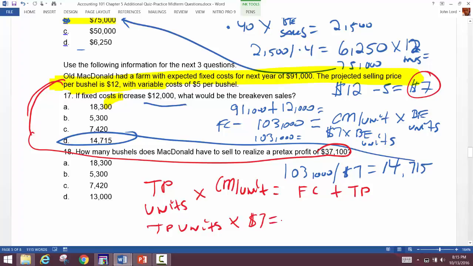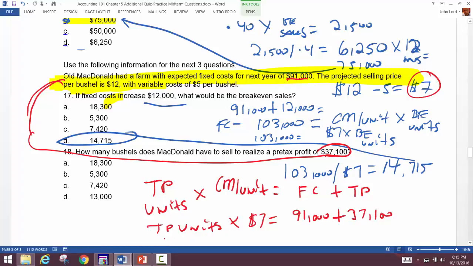Now has to equal, and my fixed cost, and guys, we're just sticking with the original fact pattern here, which is what, 91,000? Plus what? The target profit they told me here is 37,100. So that means that what?